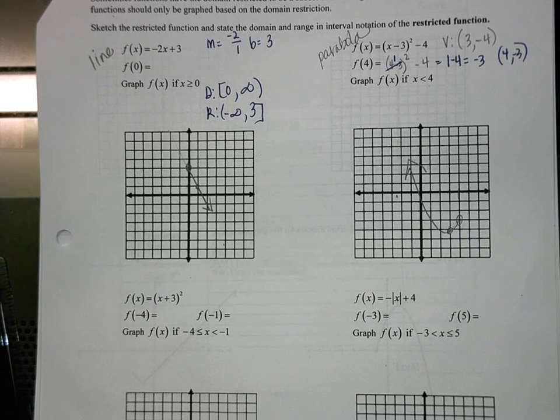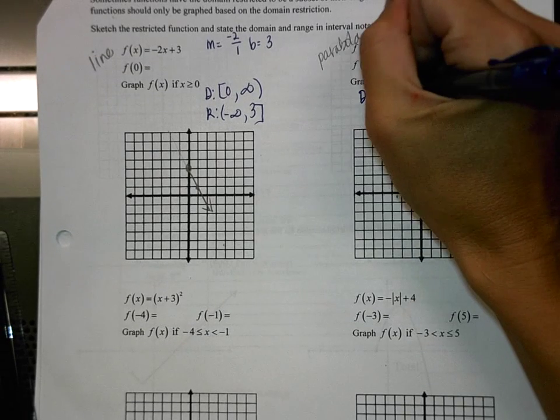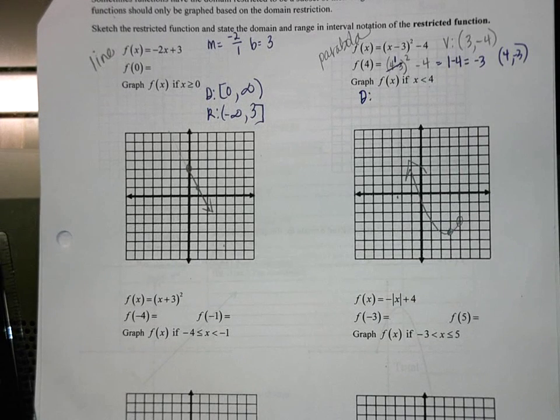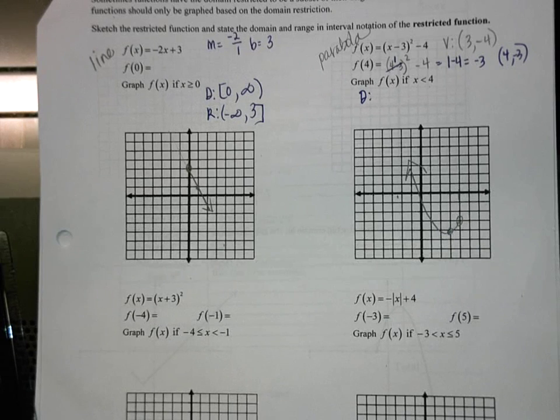Okay, so write down what you think your domain and range is on this one. Remember, you always go smallest to greatest. Okay, what do we think the domain is? What's the smallest domain value?